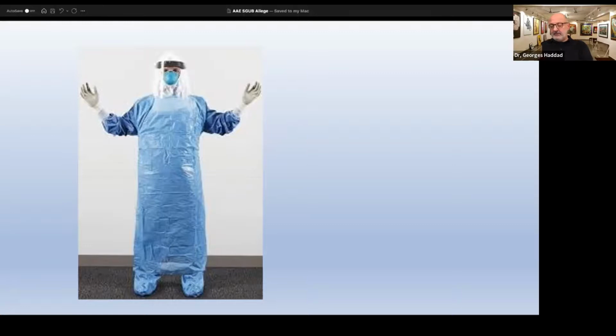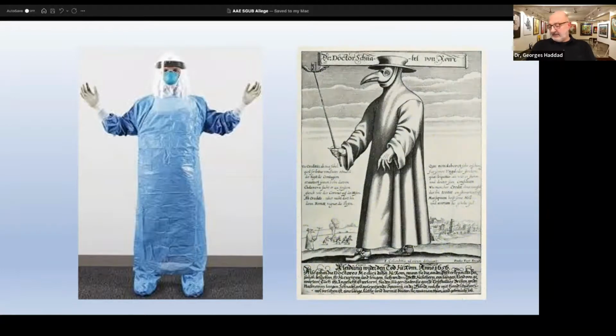You have to put on what we call PPE, personal protective equipment. And this is what somebody caring for somebody with corona nowadays looks like. Well, in the time of the Black Plague, he looked like this. And this first PPE, this first personal protective equipment, was created and invented in 1619 by a physician to the French King Louis XIII.